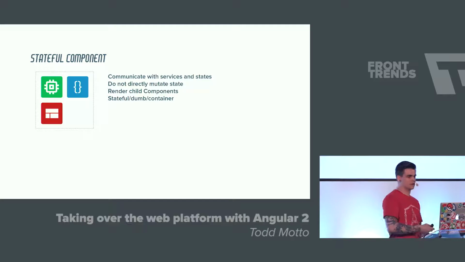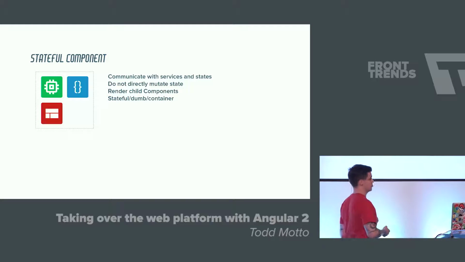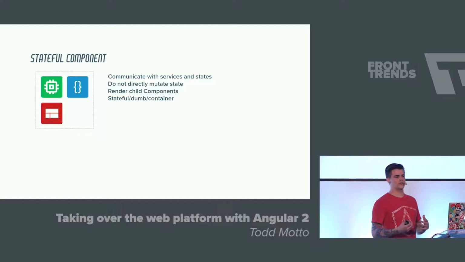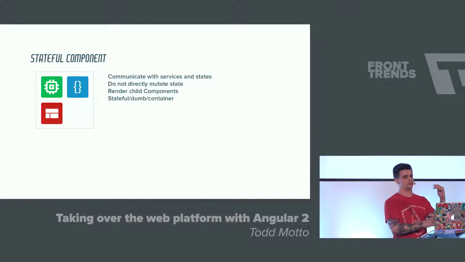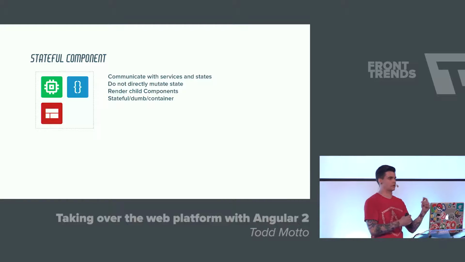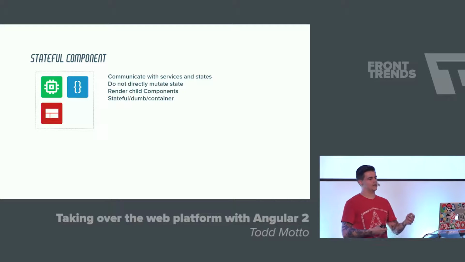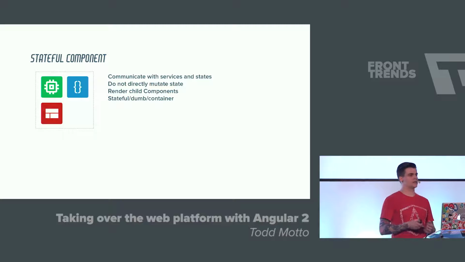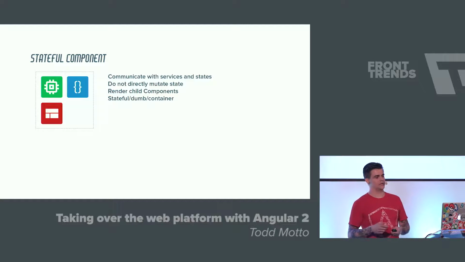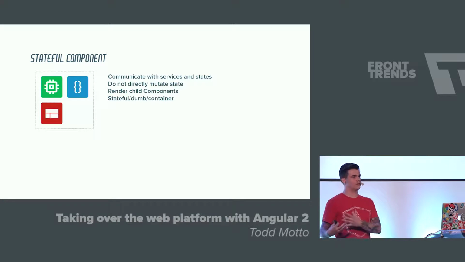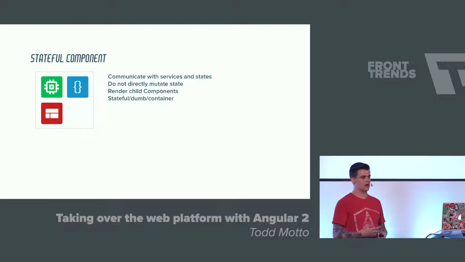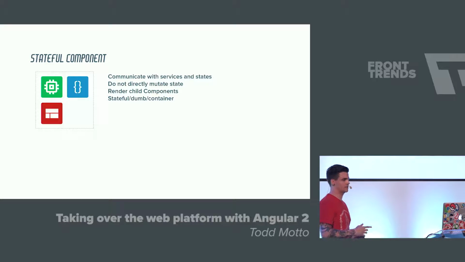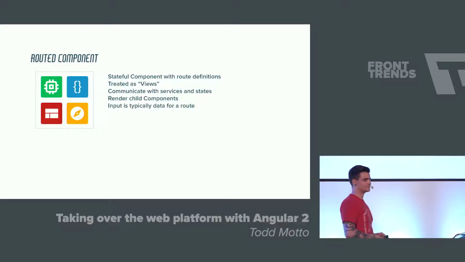And if you look at bullet 3, we've got render child components. In our chat component that we just looked at, the chat was the root element, which could be a stateful component. It could go and fetch the list of chats. It then has child components that it renders. Then we can pass that data down into stateless components. They can then mutate the data and pass it back up. So stateful components fetch the state, and they contain stateless components.